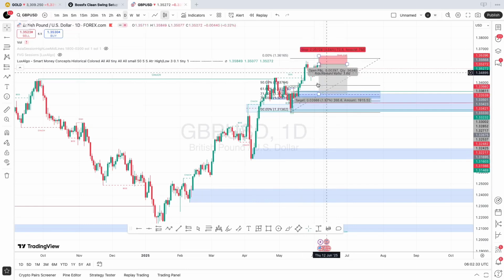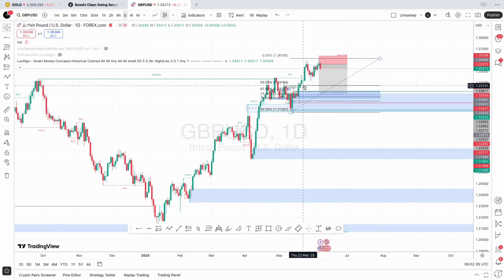Now, this Fib retracement is to mark out the high probable zone that price would react off. This is why it is calibrated into 50% retracement, 61.8% retracement, 71 retracement, and 79 retracement.